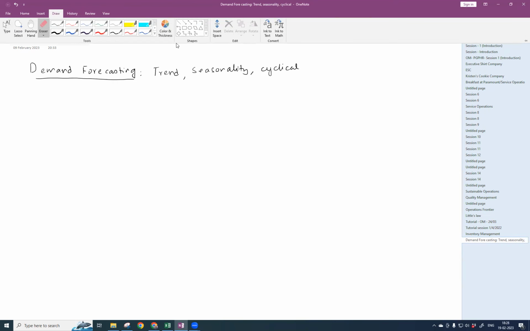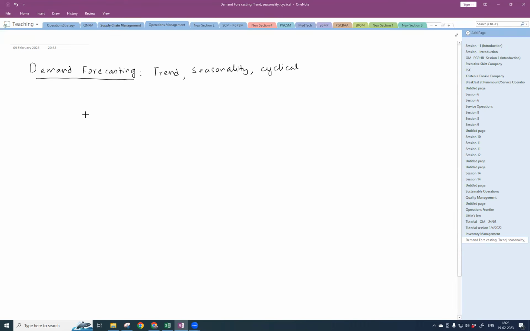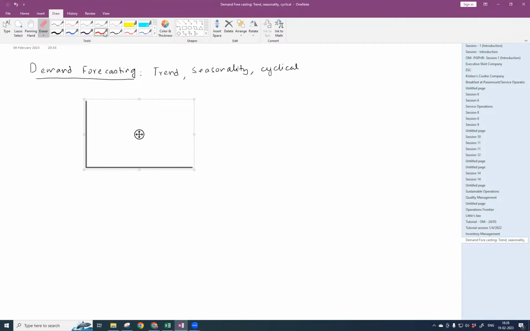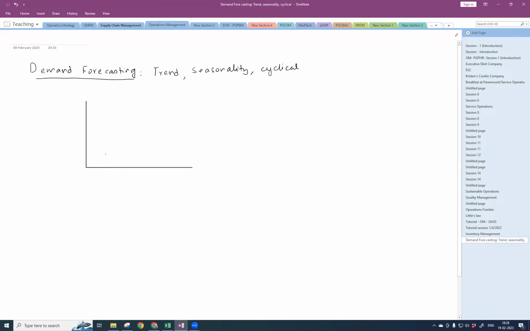If I take X and Y axes, and I'm saying that there is an increasing trend, let's say this is my demand, and this is over time, then an increasing trend would probably look something like this.